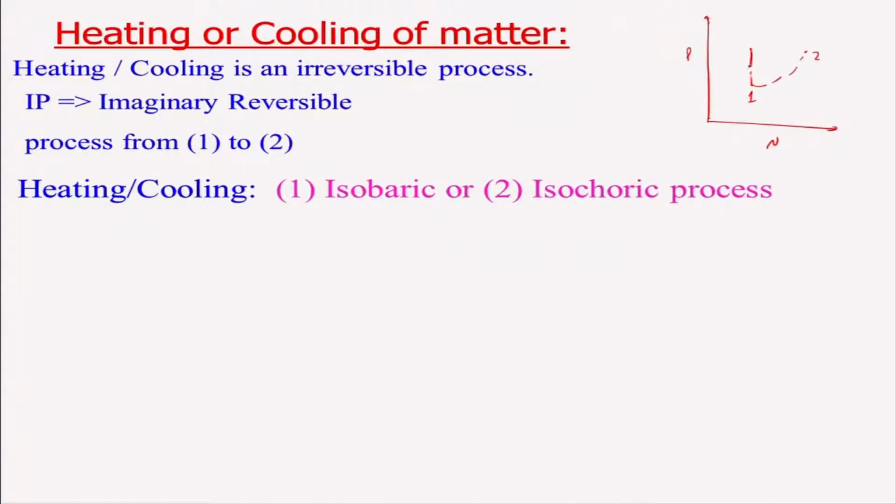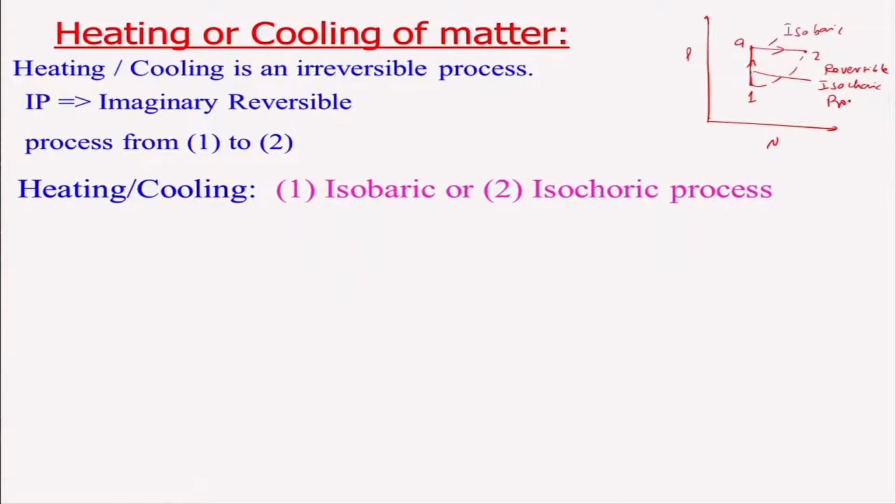I can say this is a constant pressure process, then a constant volume process, and it can go to the constant pressure process. This is your isobaric process which is reversible, and this is an isochoric process, reversible.